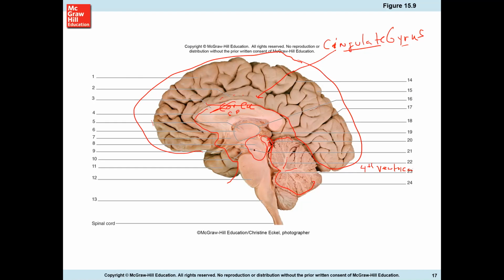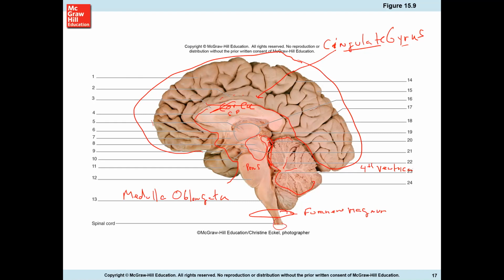Okay, so that's part of the brainstem, and the cerebral aqueduct is here. Here's the pons, and here is the, I gotta say it, medulla oblongata. And here's the foramen magnum. And below the foramen magnum is where the spinal cord starts.